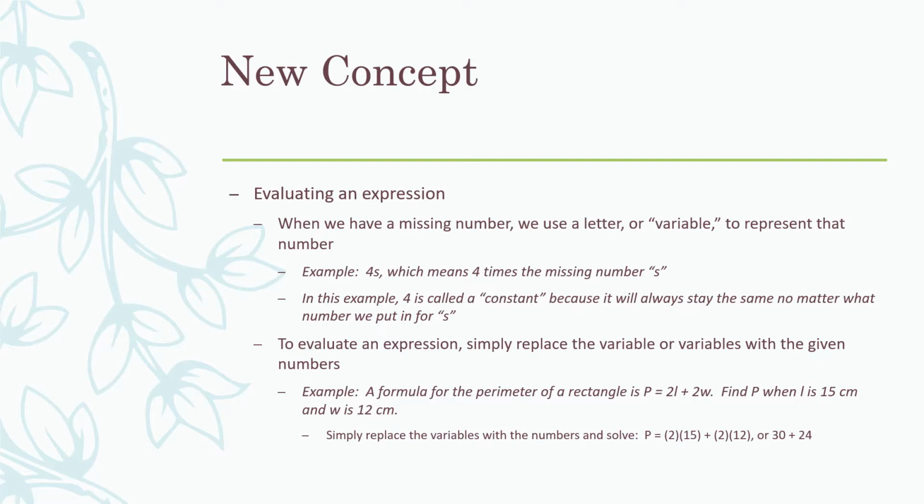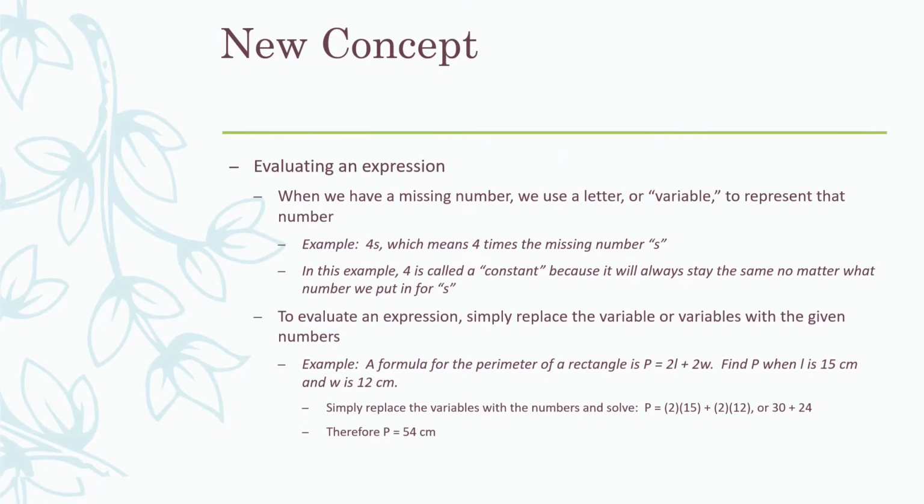So instead of P equals 2L plus 2W, now we have P equals 2 times 15 plus 2 times 12. When you do those multiplications, you get 30 and 24. So 30 plus 24 is really what we need to do. So our perimeter is 54 centimeters. That's evaluating an expression. They'll usually give you the numbers to use, so it's pretty simple.